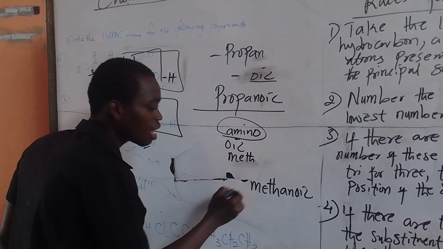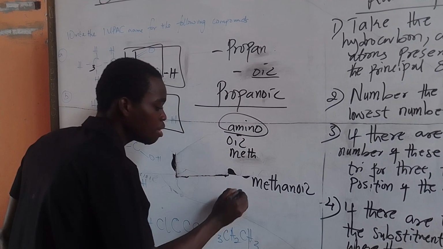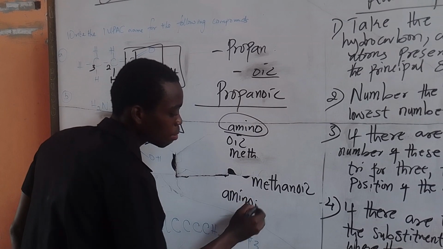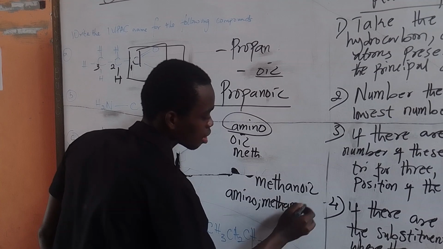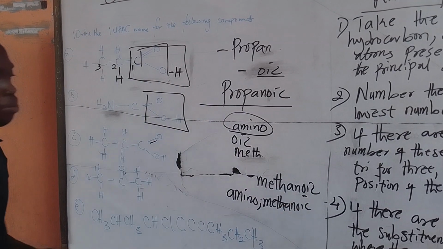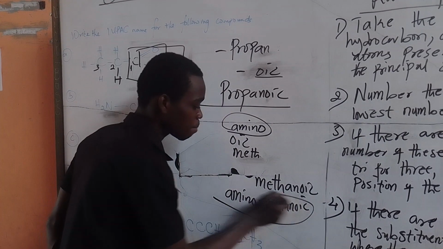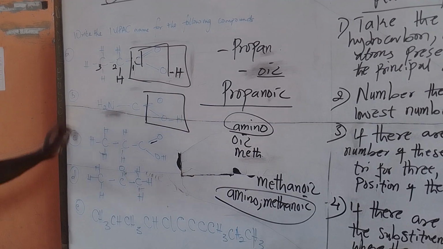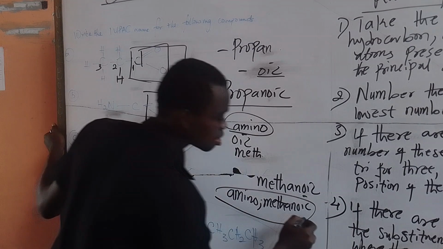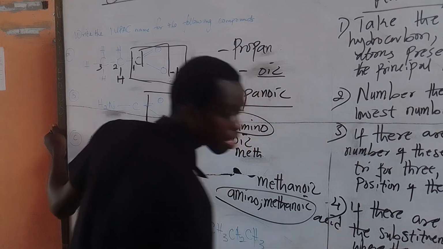This is a prefix. I'll add it. I'll have something like amino metanoic. So this is the name for this compound. The second one is amino metanoic acid. This is an acid.